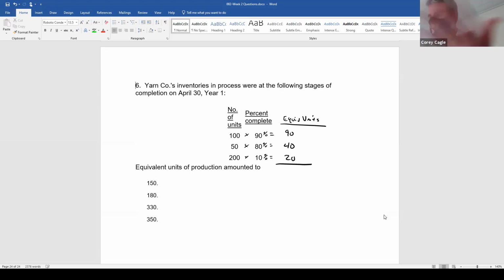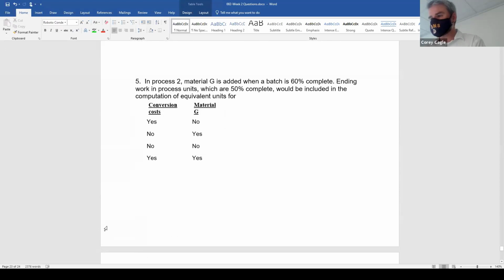So equivalent units are 150 units. Unusual question, easy question. I like it. Just the whole concept of equivalent units.